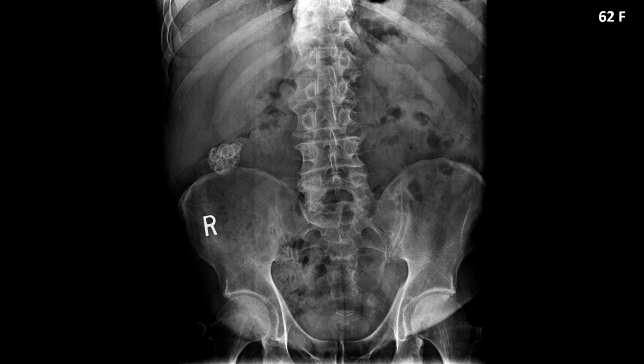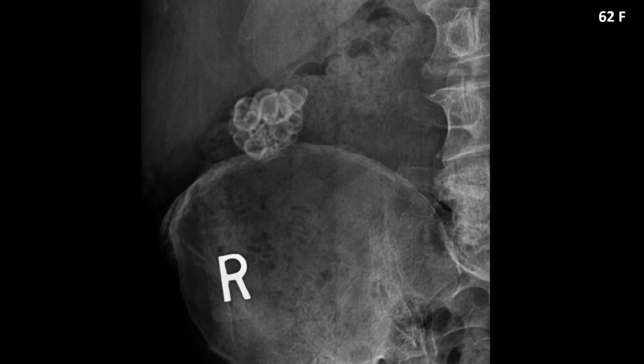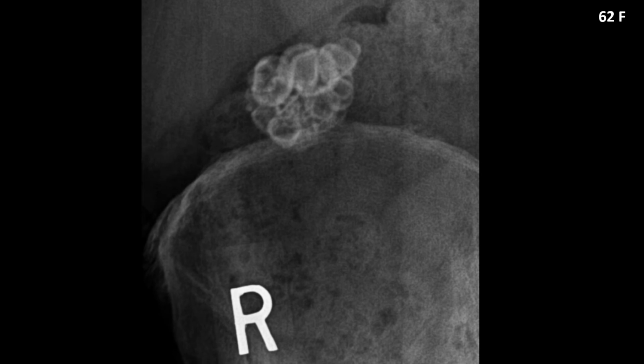Alright, and now let's look at some cases. This is a 62-year-old female who presents with abdominal pain, and you'll note in the right middle abdomen multiple gallstones. Most gallstones are going to be clustered together if multiple, and they're usually going to be peripherally dense. So the center will be more lucent and the outer portions will be more dense.